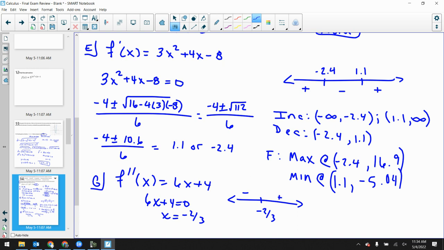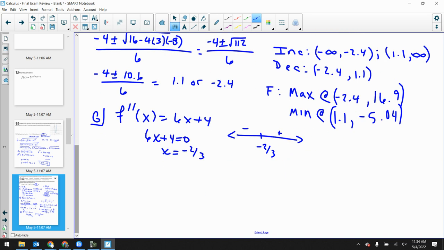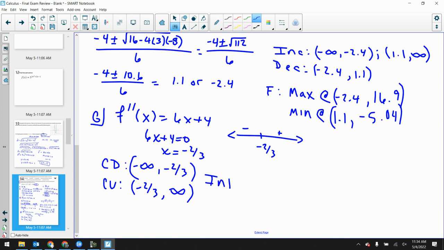So it does go from negative to positive, which means concave down is negative infinity to negative 2/3, and concave up is negative 2/3 to infinity, because there's my positive area. Which means that my inflection point does occur at negative 2/3.